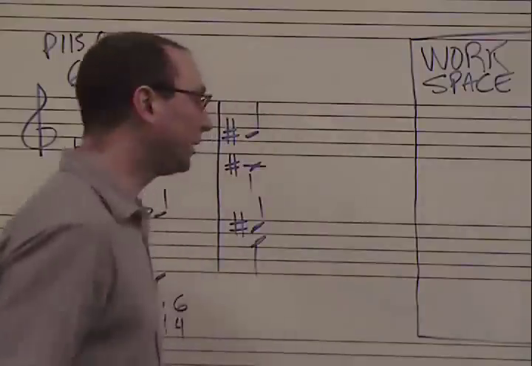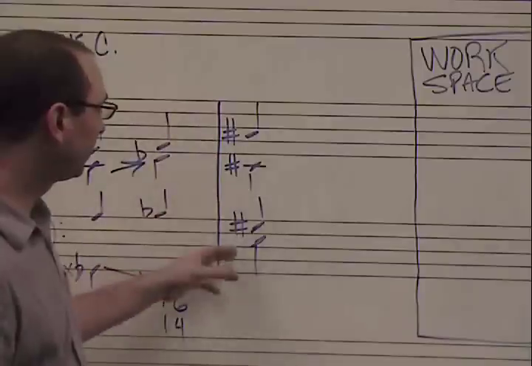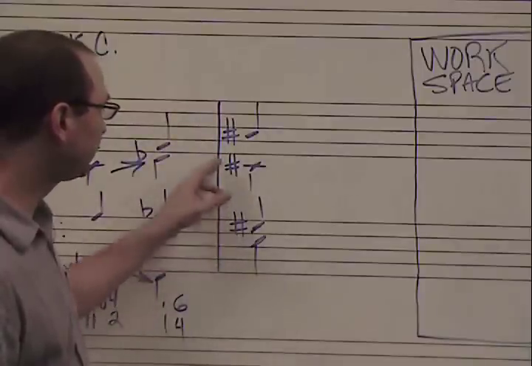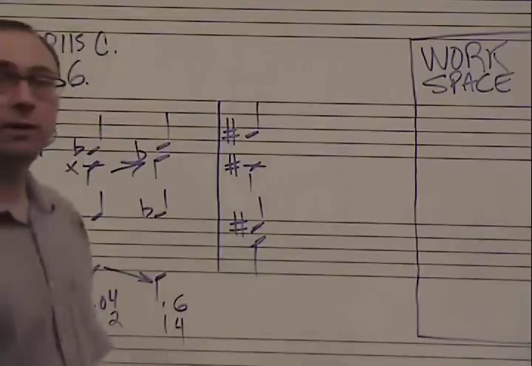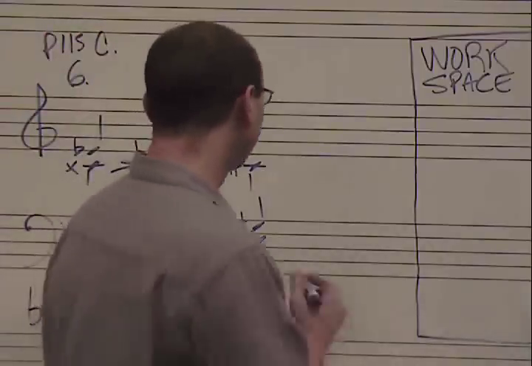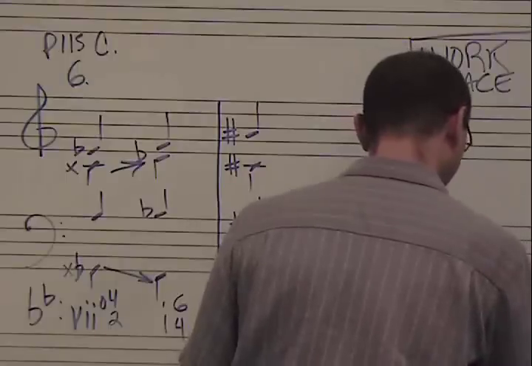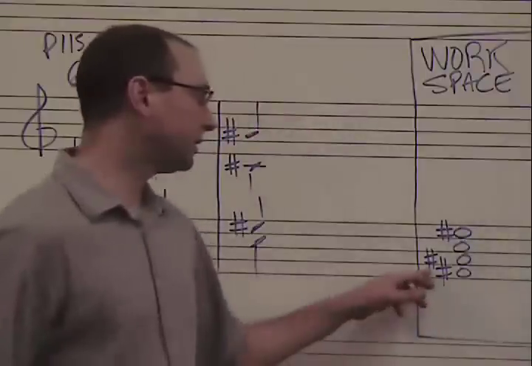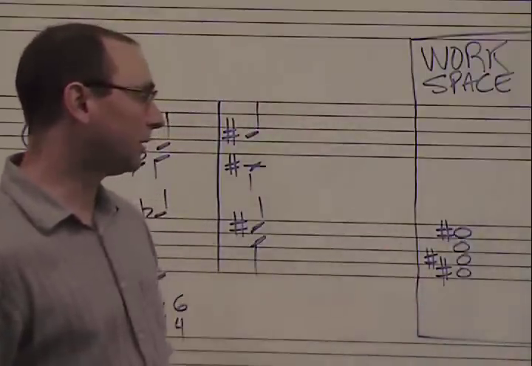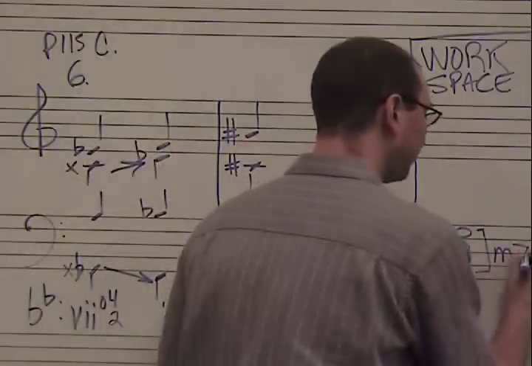Going back to my work area, if I spell this chord E, G sharp, C sharp, A sharp, I notice that the chord is not in root position. When I reorganize the chord in root position, the spelling is A sharp, C sharp, E, G sharp. The quality of the seventh is minor.